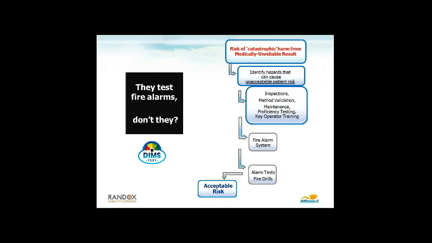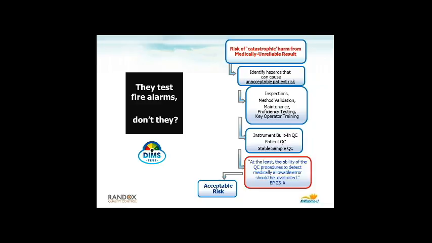But in case there is a problem, you use instrument built-in quality control, patient QC, and stable sample QC as the tools that you have to make sure that risk does not exist. And now you can't stop there. At the least, the ability of QC procedures to detect medically allowable error should be evaluated. When you've done that, then you have acceptable risk.